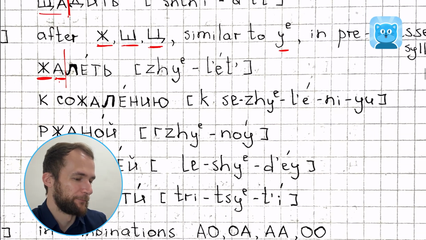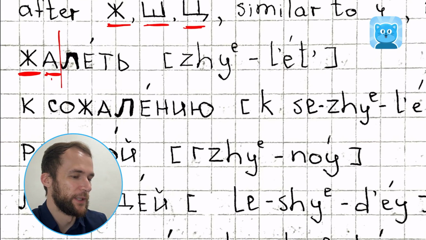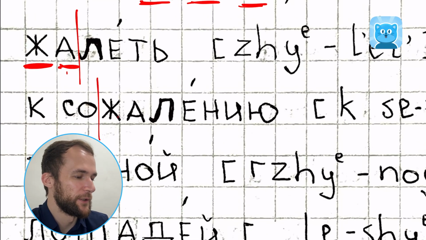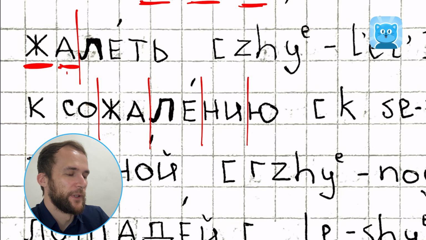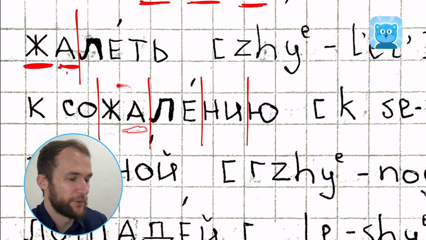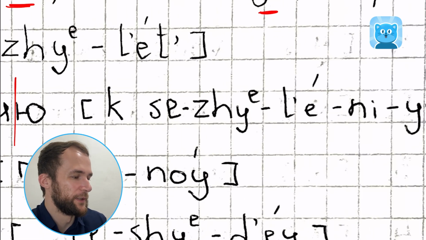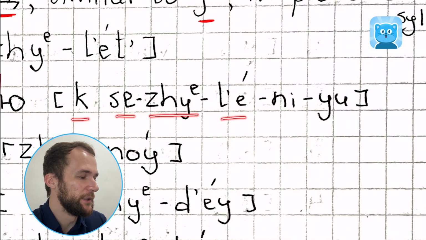Next one. К сожалению, right? We have 1, 2, 3, 4, 5 syllables here, and this one is the stressed syllable. This one is in a pre-stressed position, so we say к сожалению.